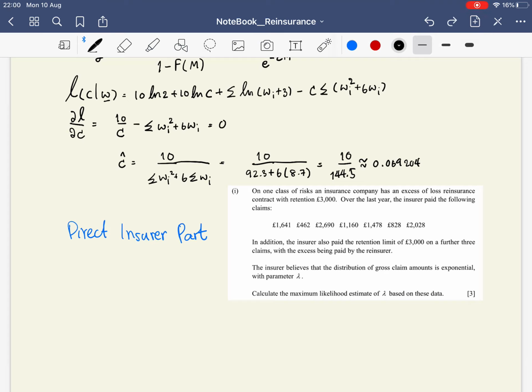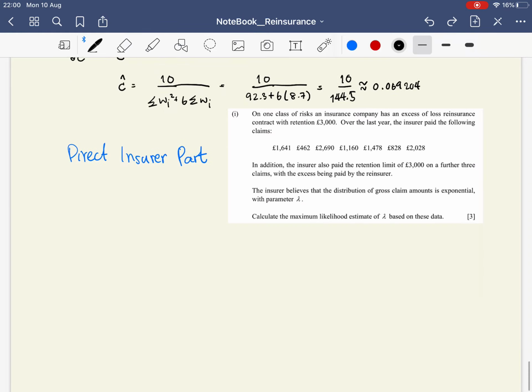What they're going to see in their books is 3,000, even if the claim is 100,000. Even if the claim is 10,000, they're still going to see 3,000. So the way they work is that in the likelihood they will sum up.